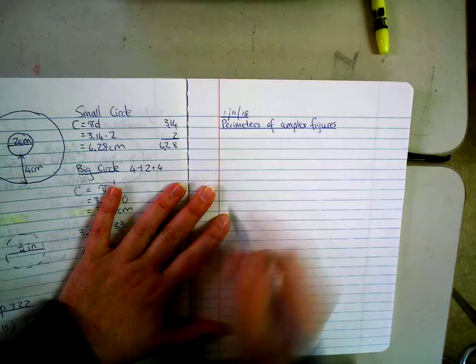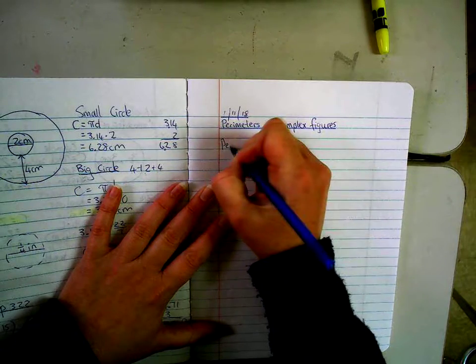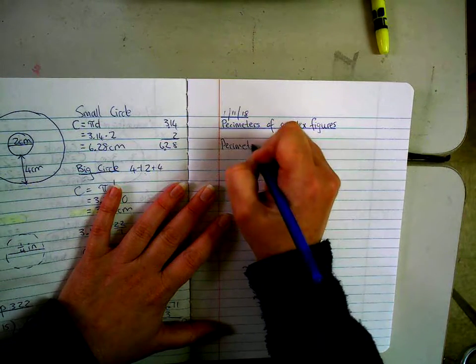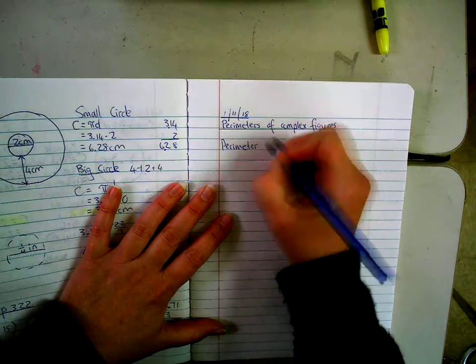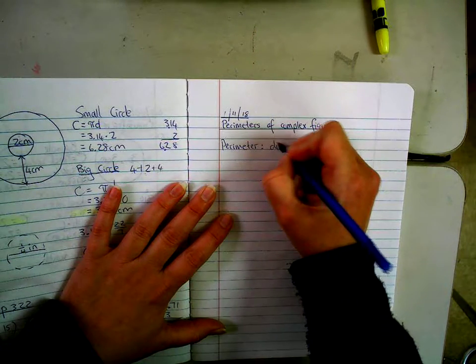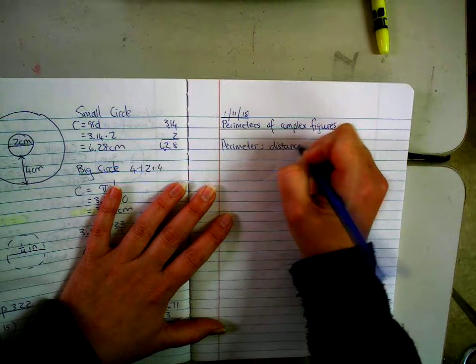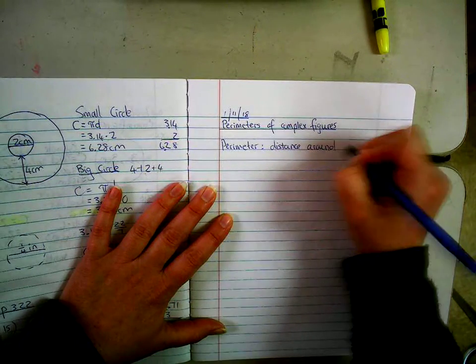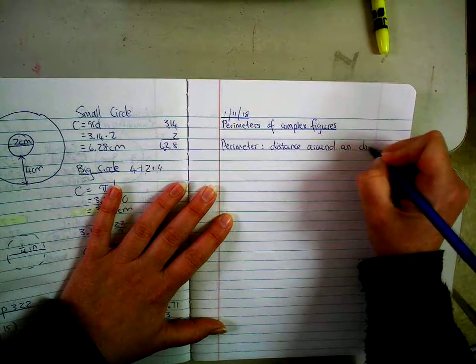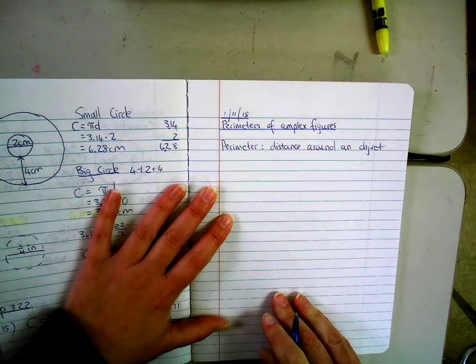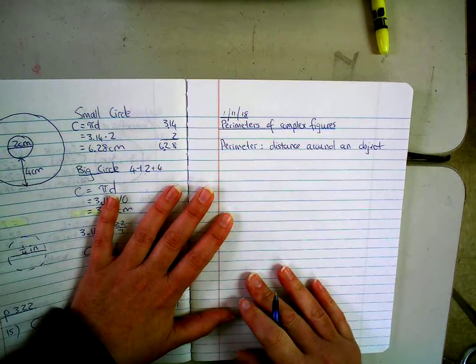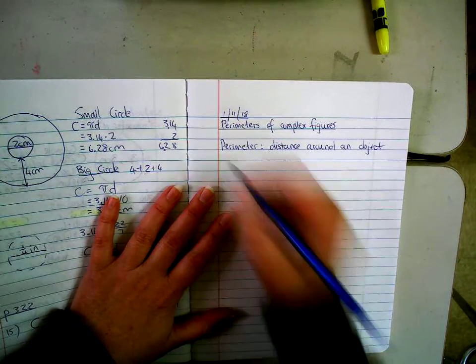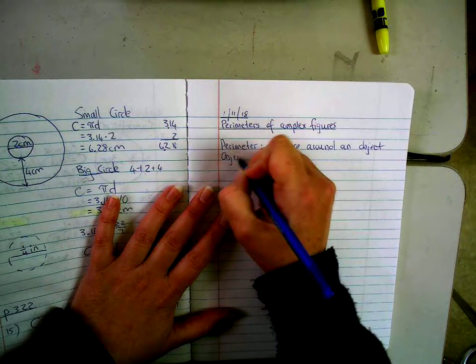First of all, perimeter is the distance around an object. You know that. You've done that in the 5th grade and the 6th grade. Now when we talk about objects in the 7th grade, we're talking about geometric shapes. So I can name a few.